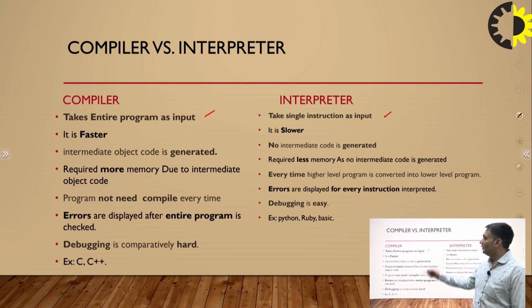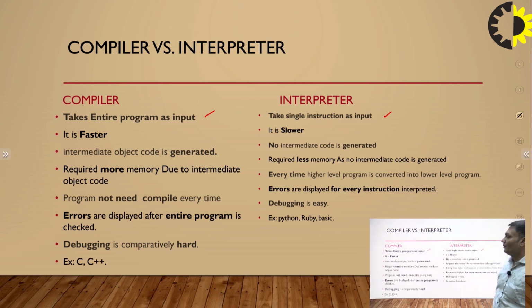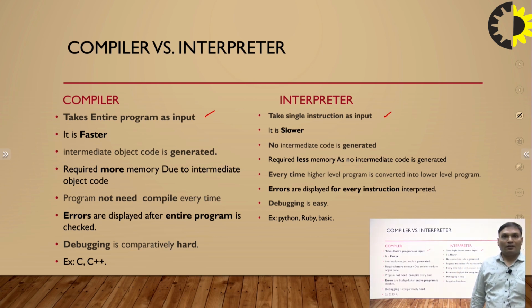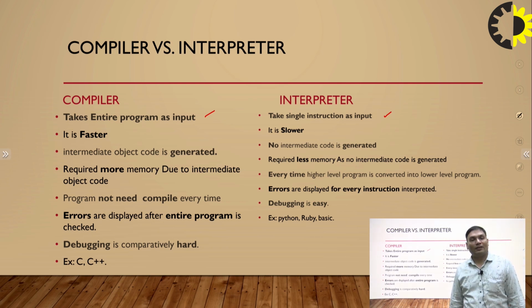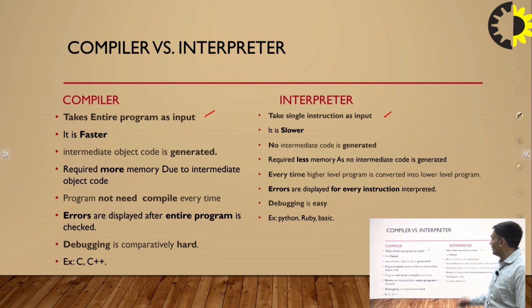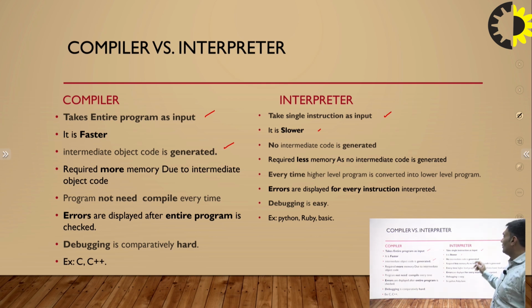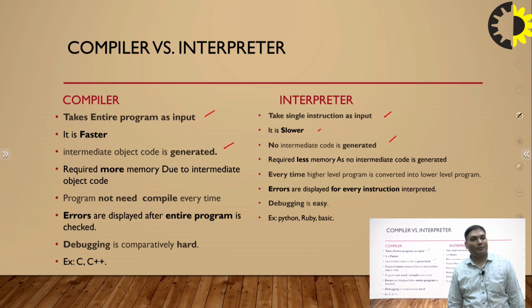So, the compiler does the whole program, while the interpreter works line by line or instruction by instruction. The compiler is faster because it does the whole program conversion into machine level language in a single time, while the interpreter is slower. Intermediate object code is generated in the compiler. Here no intermediate code is generated in case of the interpreter.